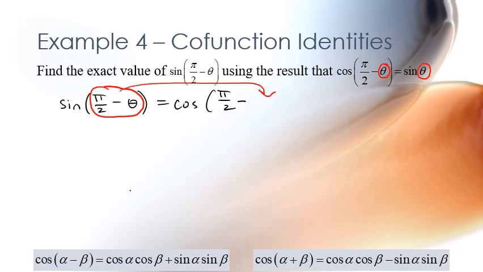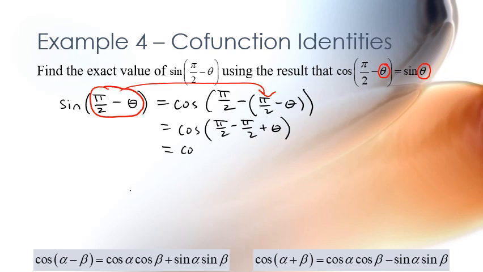And so I'm going to put pi over 2 minus theta. And so let's see here, what does that leave me with? If I distribute that negative, I get pi over 2 minus pi over 2 plus theta. And pi over 2 minus pi over 2 is 0, and so I end up with theta.